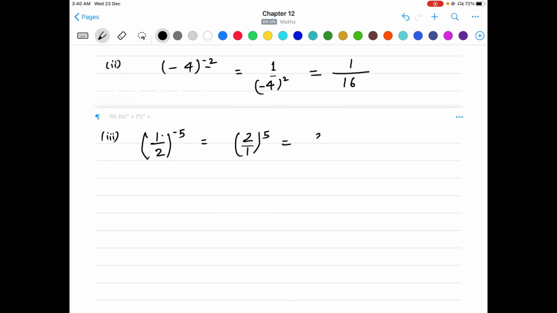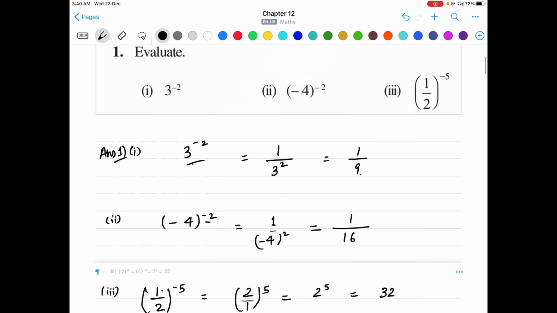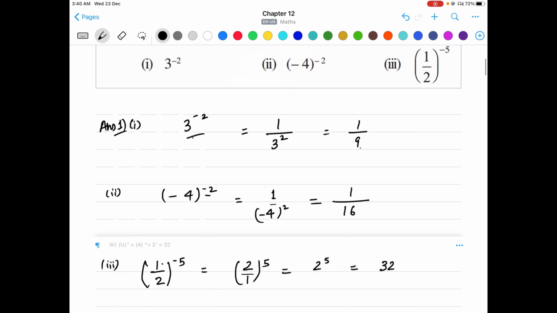So we have 2 power 5. We can ignore the number 1 in the denominator. 2 power 5 means 2 is multiplied 5 times: 2 into 2 is 4, 4 into 2 is 8, 8 into 2 is 16, into 2 is 32. So 2 power 5 is equal to 32. That's the answer for all three parts of question number 1.